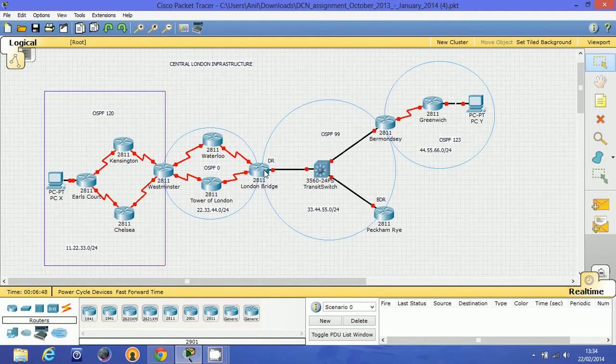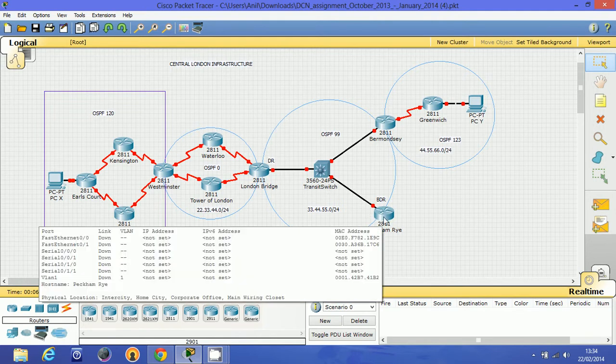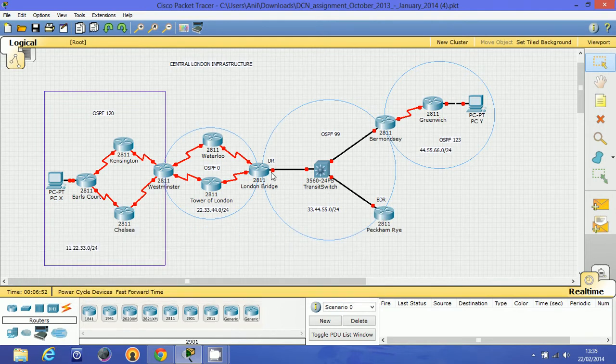Why? Because this router should contain the information of all other network devices if the autonomous system is not divided into different areas.